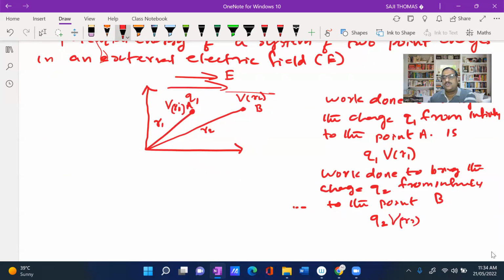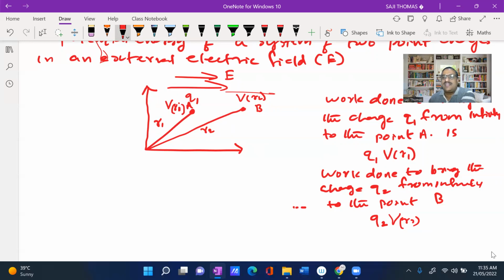Now you know these two charges interact also. At the point B, there is another potential due to the charge Q1. So we have to find the potential energy due to their mutual interaction also.